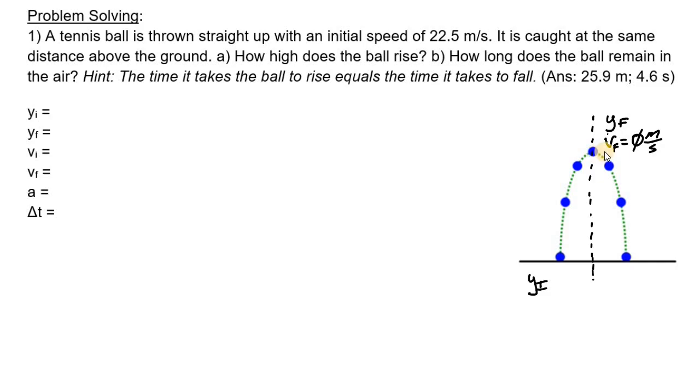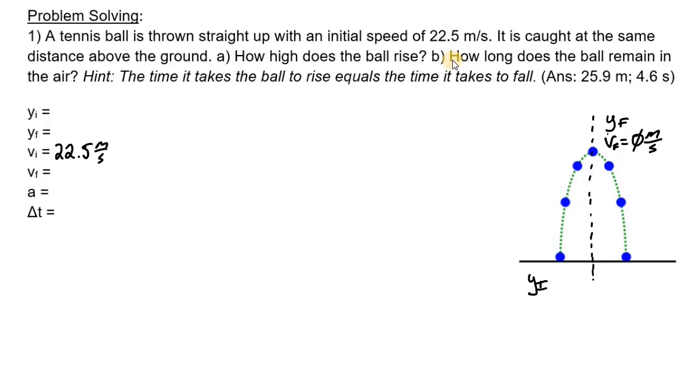So let's do that. Once again, we're just going to ignore that for now. We do know that the object is going to fall back to the ground and hit the ground, so we'll keep that in mind. We do know that the initial velocity is 22.5 meters per second.